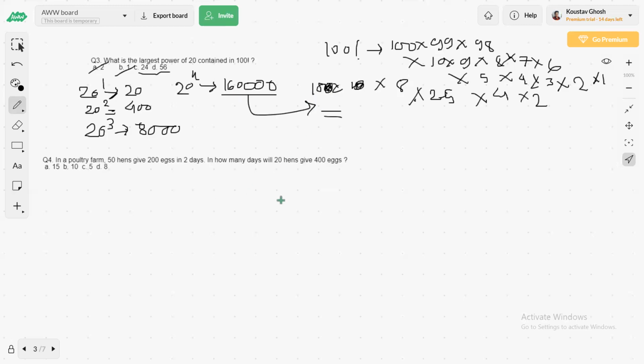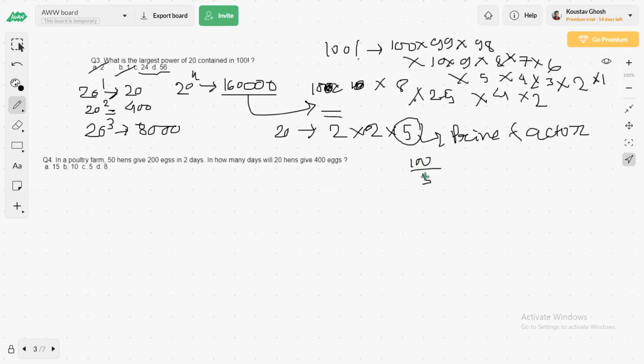Now 20 can be written as 2 cross 2 cross 5. Here 5 is the largest prime factor. Now 100 by 5 is 20.